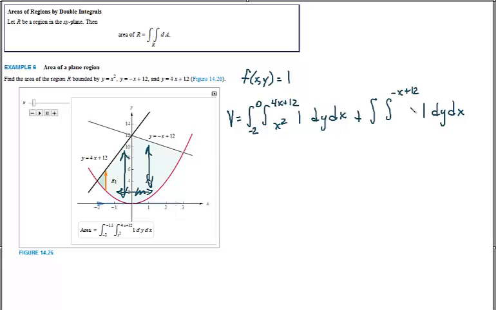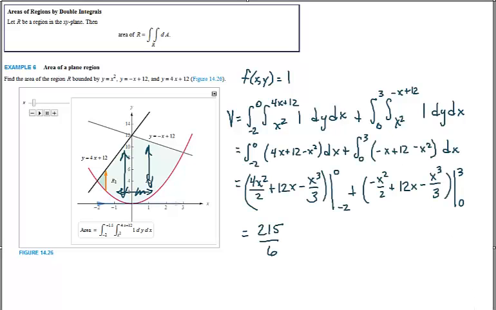Bottom function is x squared, and the x values range from 3 to 0. And then I just integrate. Alright, and this would be my total on that area for my plane region. Let me go ahead and restate that area of that plane region.